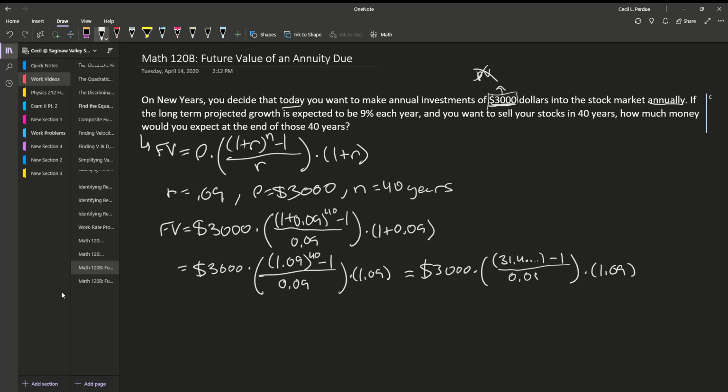So we subtract the 1, so this gives us 30.4 in the numerator, and then a bunch of trailing decimal places after that.